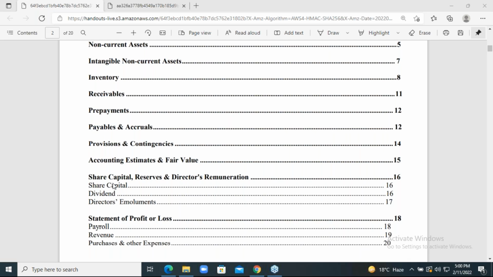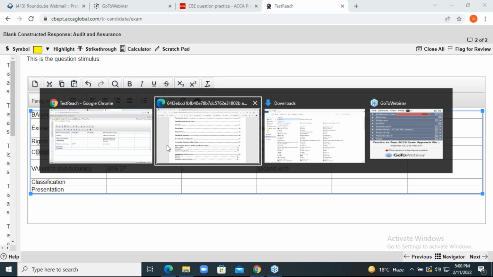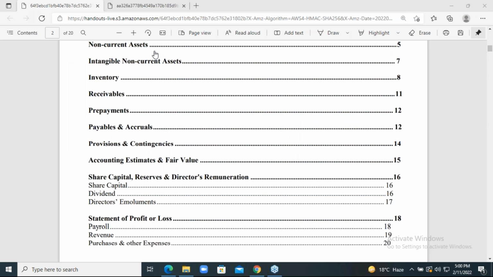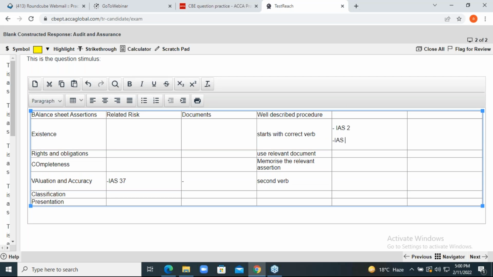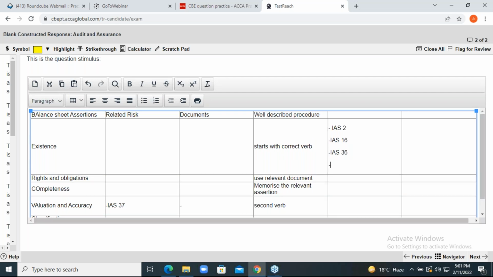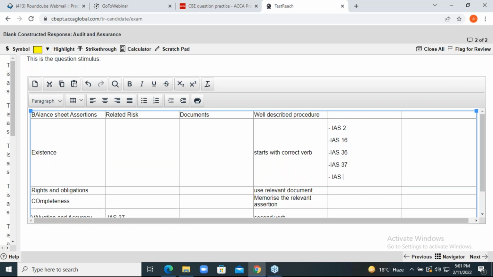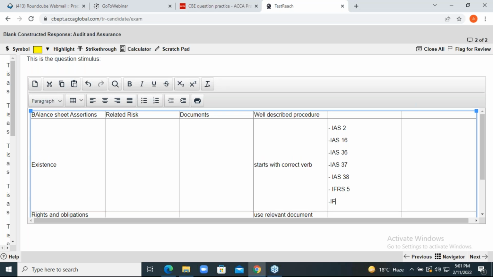First of all, IAS 2, 16, 36, 37, 38, IFRS 5 and IFRS 15.